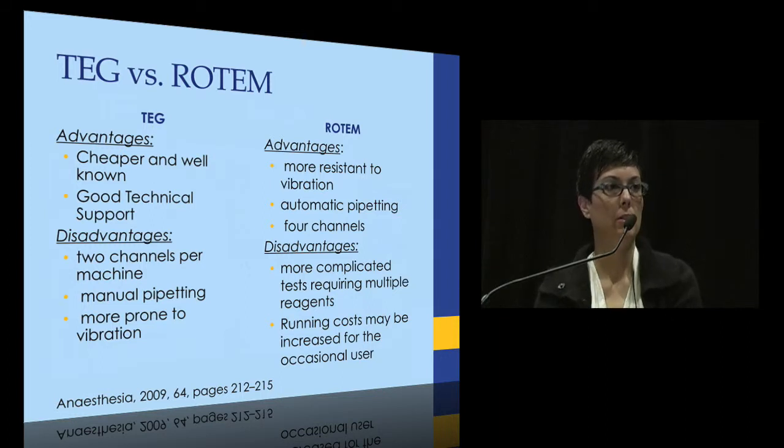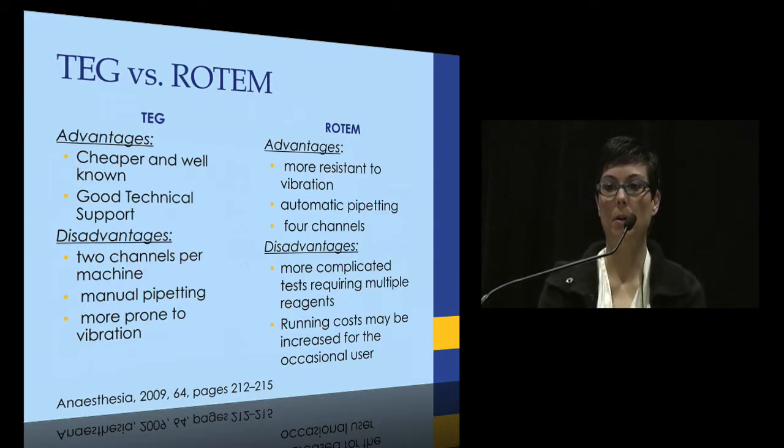The disadvantages: you have 2 channels per machine, and we'll talk about the different advantages of the ROTEM in a moment, but there's something to be said about the multiple channels that the ROTEM has. You have to do manual pipetting on the TEG, and it's more prone to vibration.